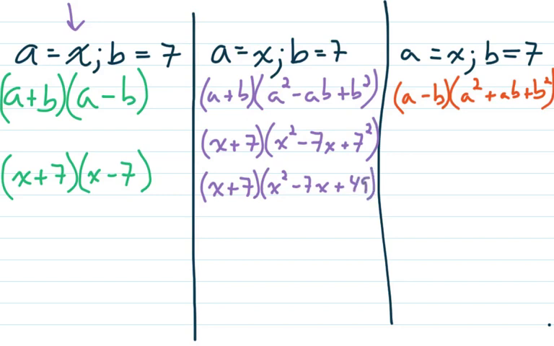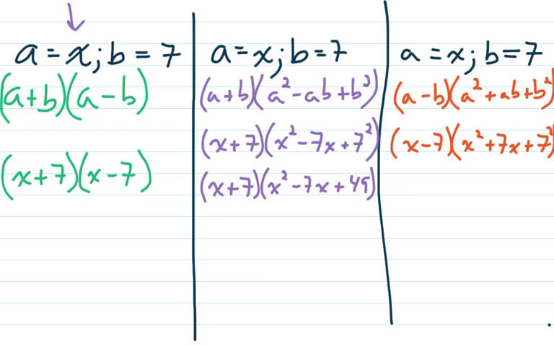And the last one that we have right up here, again, substitute X wherever you see A, and 7 wherever you see B. So we would end up having X minus 7 times X squared plus A times B, 7 times X, which is 7X, and then plus B squared, which is again 7 squared, close parentheses.